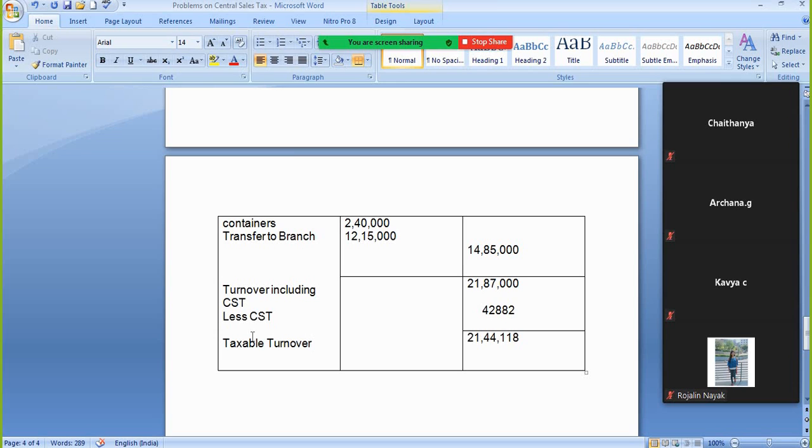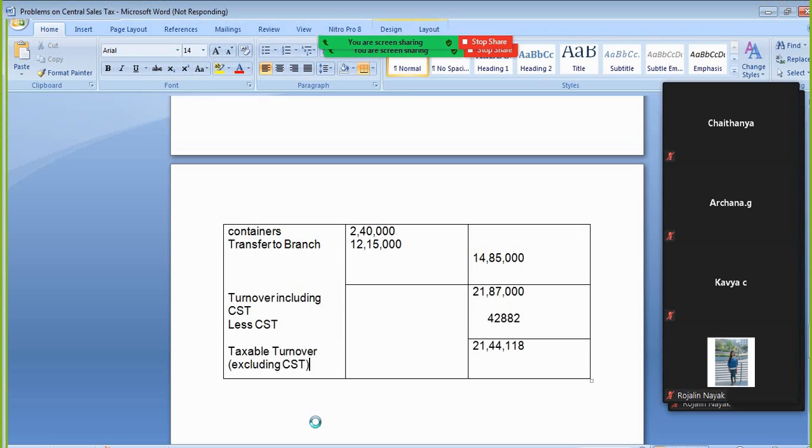This is the taxable turnover excluding CST. So if you want to calculate turnover including CST, what you have to do?